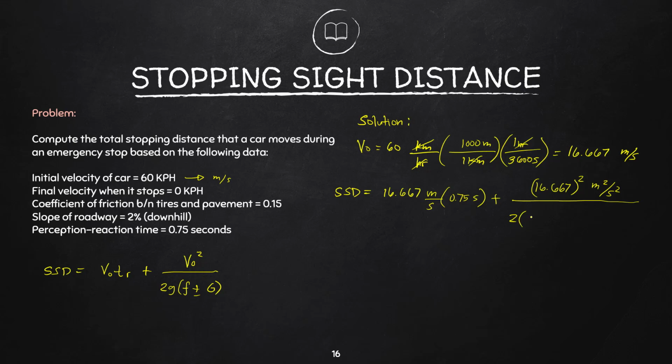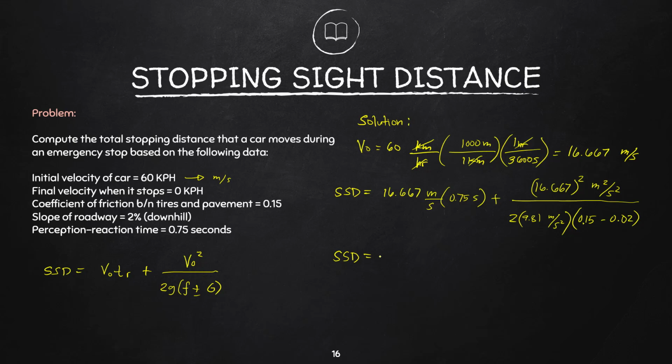Again, for uniformity, we will use 9.81 meters per second squared, because we are using the metric system. This is multiplied by the coefficient of friction, or 0.15, and that is downhill, so this will be negative 0.02 or 2%. And we now have your SSD, or stopping sight distance total.